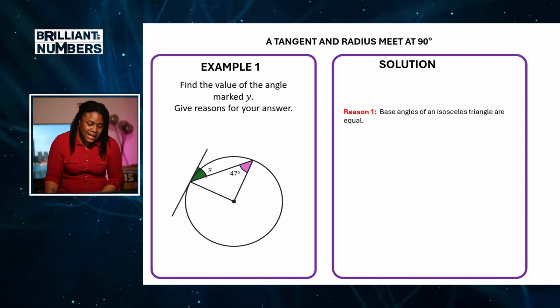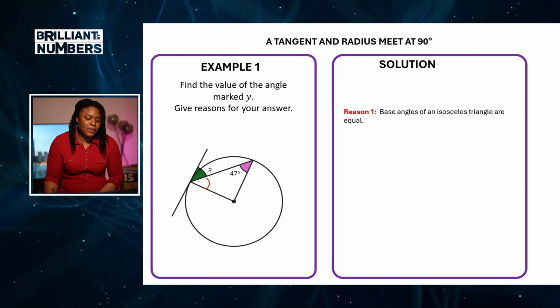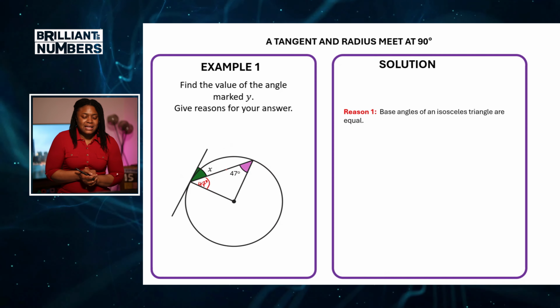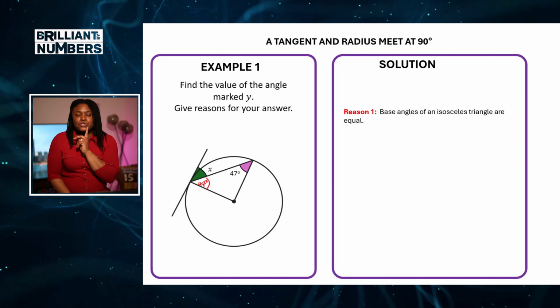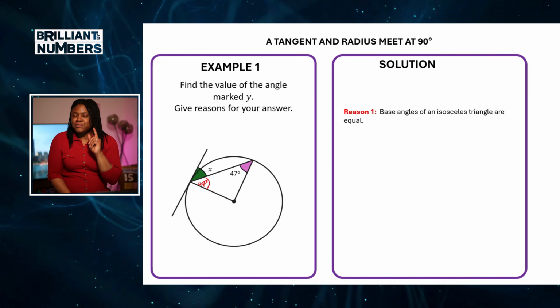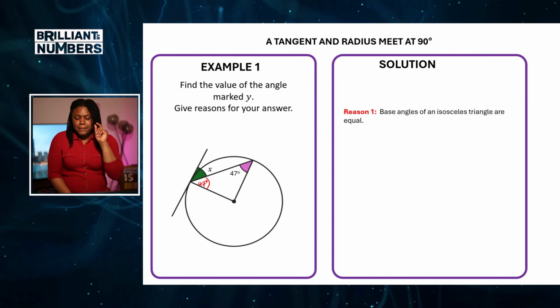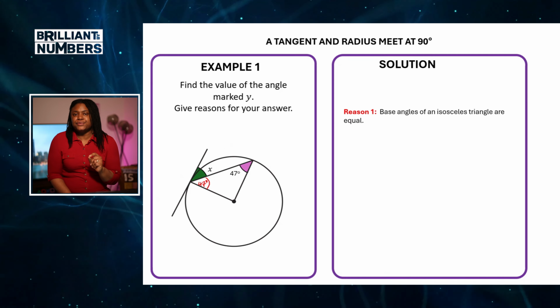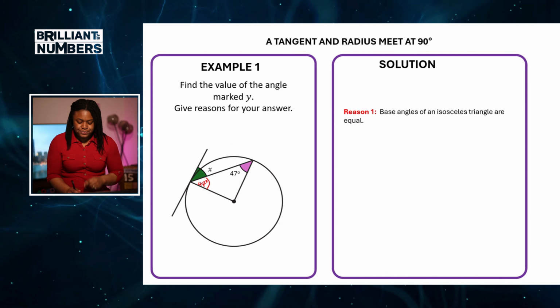The other angle at the base is always going to be 47 as well. So I can simply put that down on my diagram. Also, I need to make sure I write my reason down. Angles at the base of an isosceles triangle are equal.